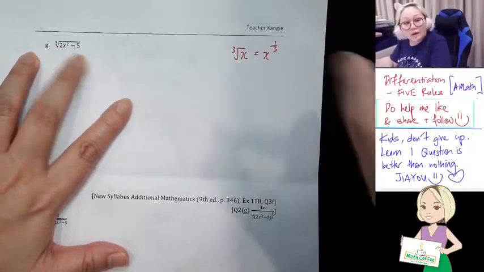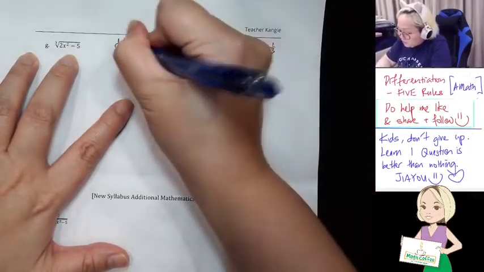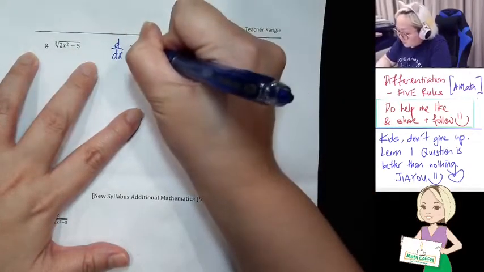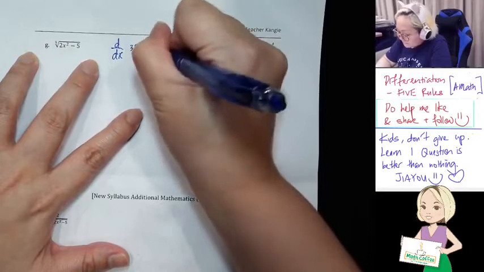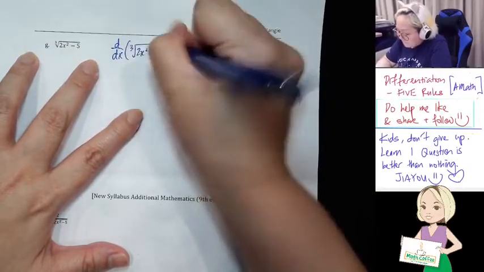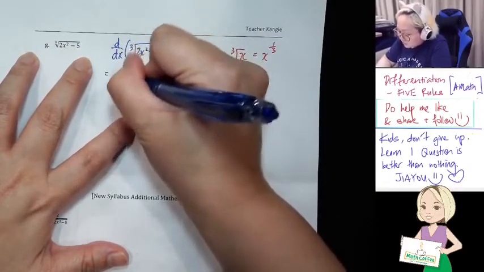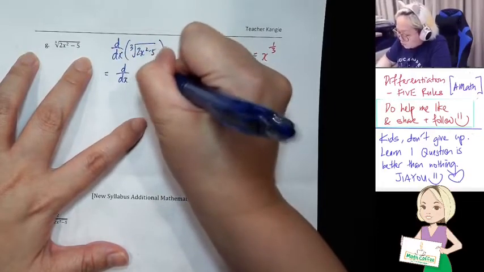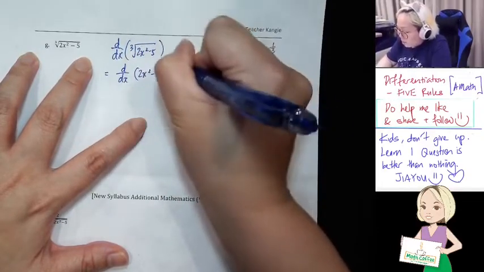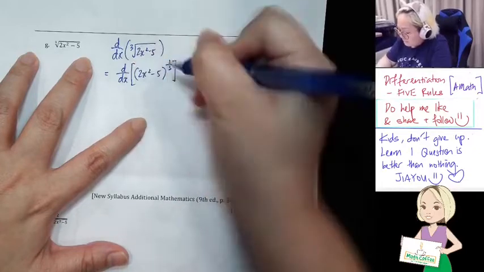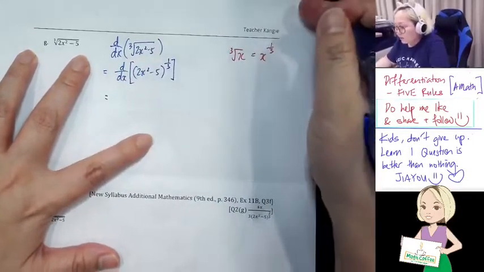Likewise for this, to differentiate this, we will change this to 2x squared minus 5 to the power of 1/3. Now we are ready to differentiate.